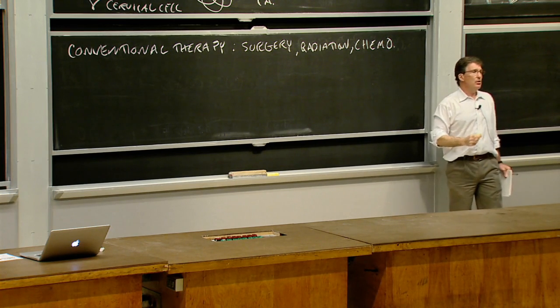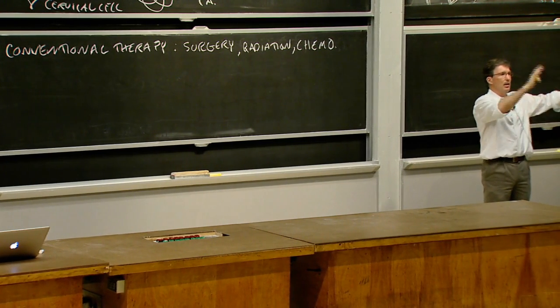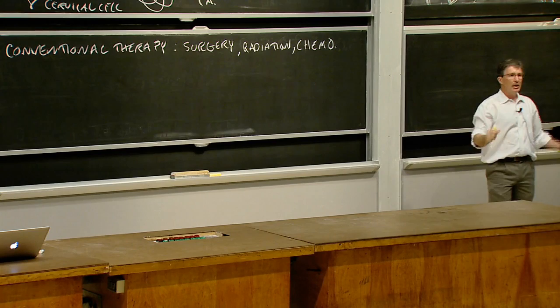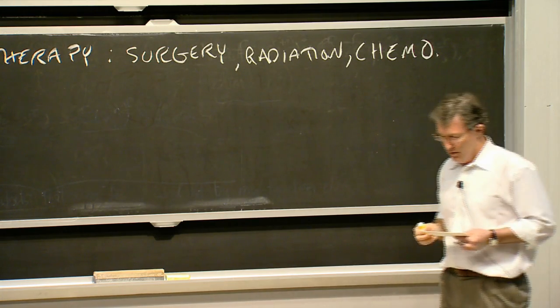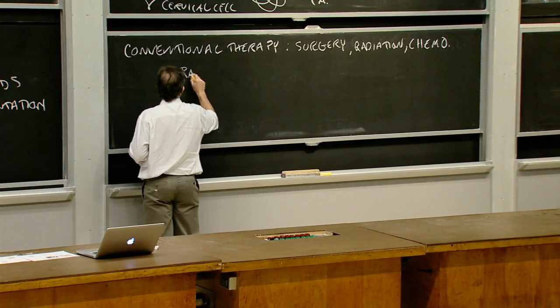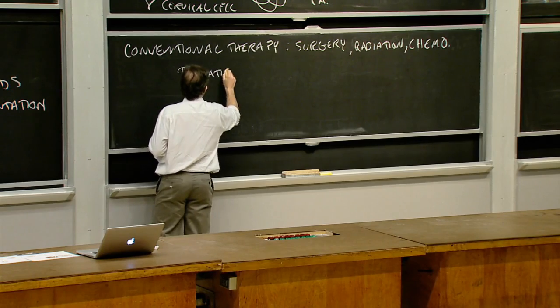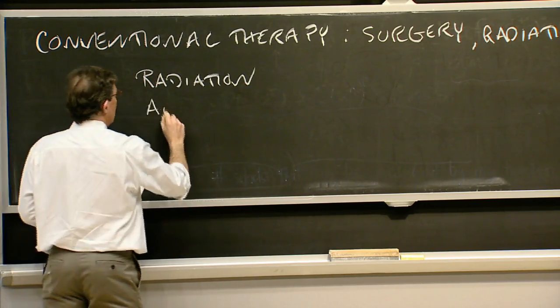And chemotherapy is used when you think that the cancer has spread, so radiation can't work because the cancer cells are somewhere else, and you need a drug that can diffuse throughout the body and hopefully kill the cancer cells. Radiation and many chemotherapies act in the same general way.